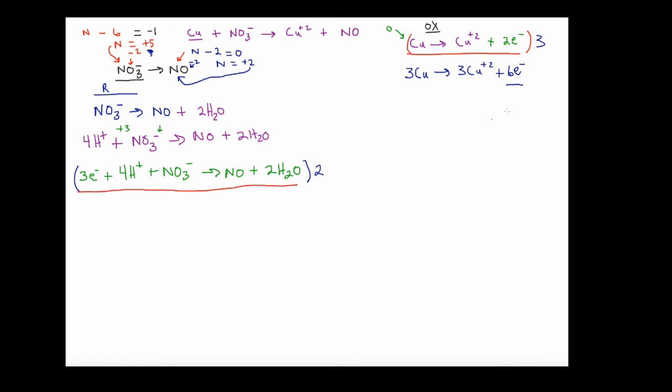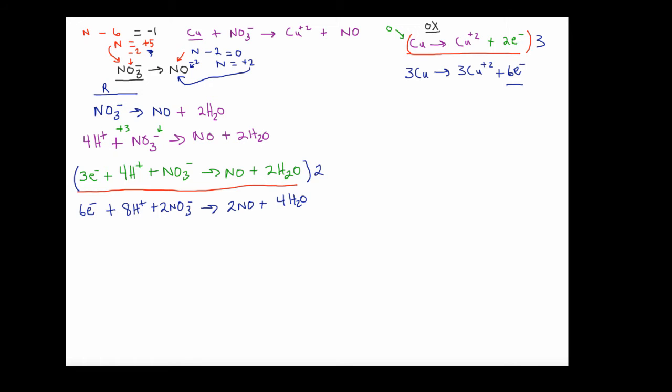Pay attention to that. And then on this one, again, we're going to end up with 6 electrons on the left side of the arrow. We're going to have 8 H pluses. We're going to have 2 NO3 minuses. We're going to have 2 NOs. And we're going to have 4 H2Os.